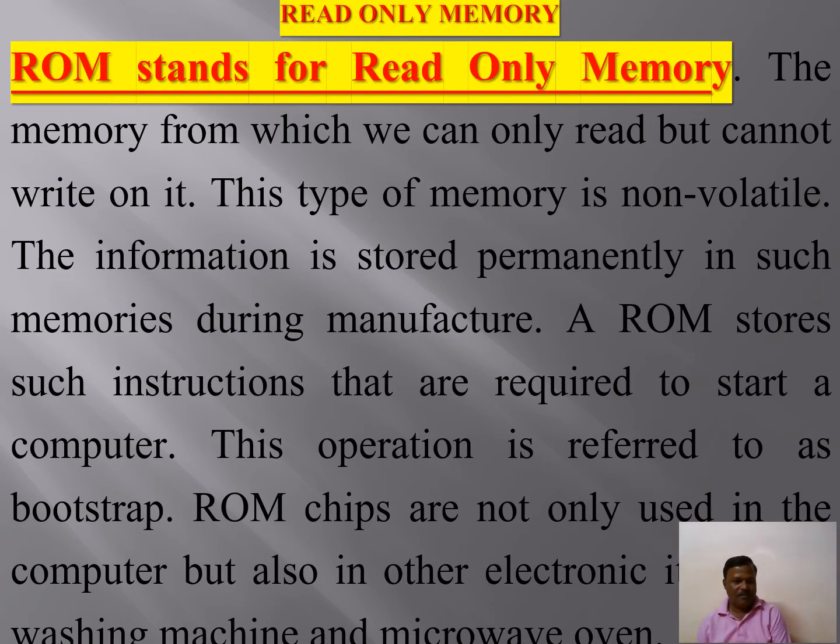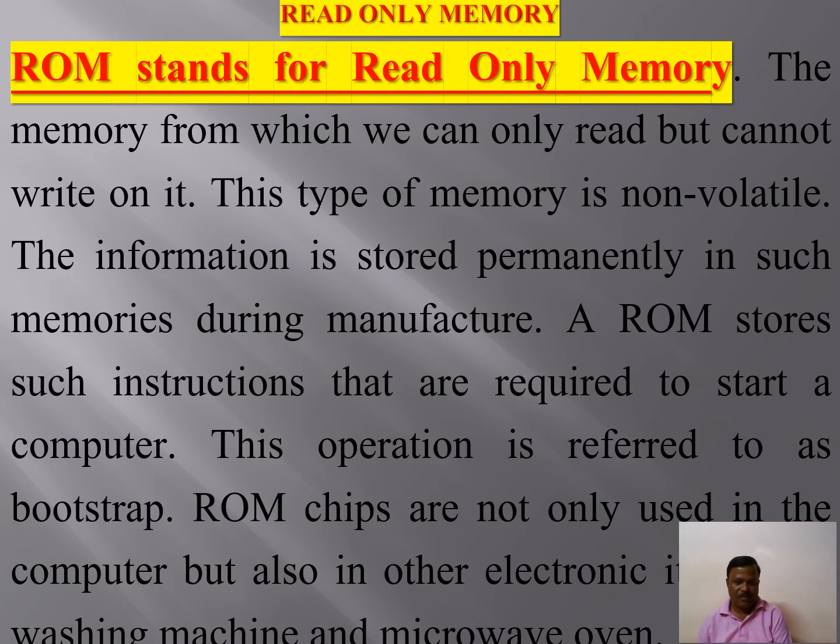PROM is a read-only memory that can be modified only once by a user. The user buys a blank PROM and enters the desired contents using a PROM program. Inside the PROM chip, there are small fuses which are blown open during programming. It can be programmed only once and is not erasable.